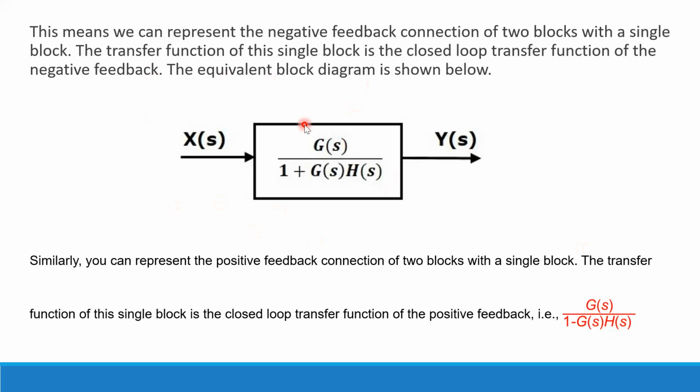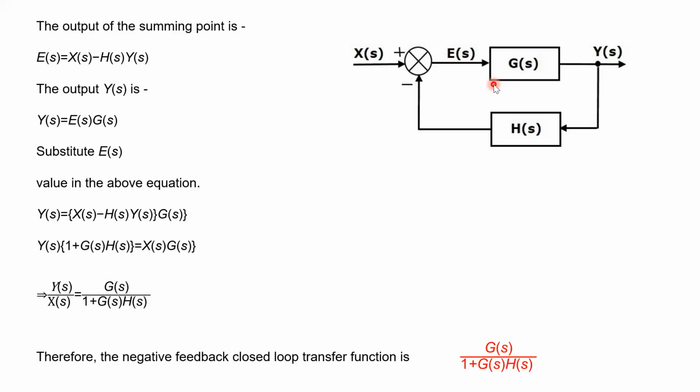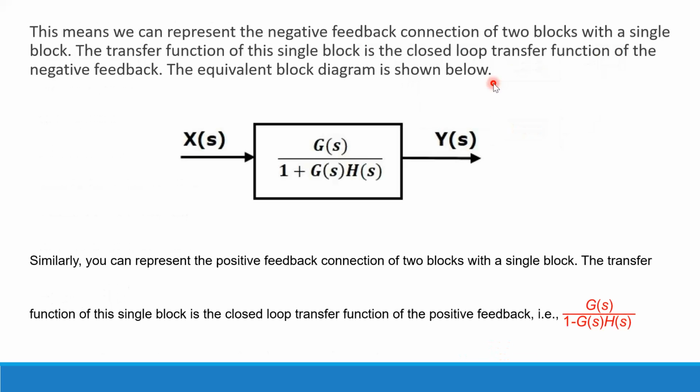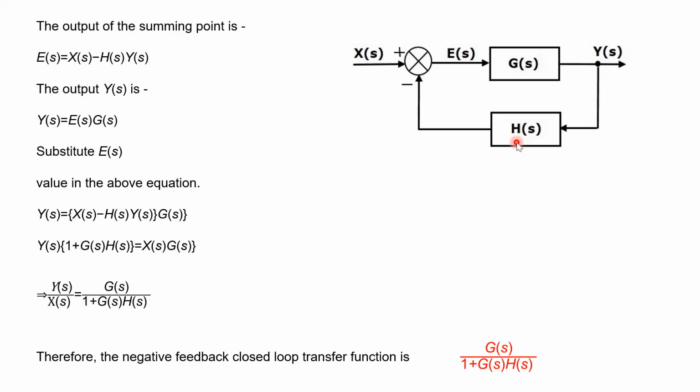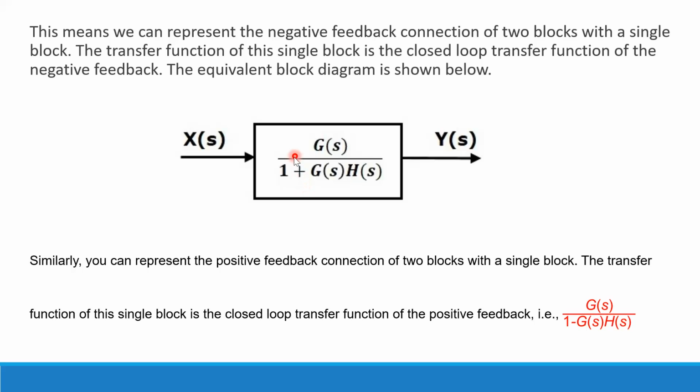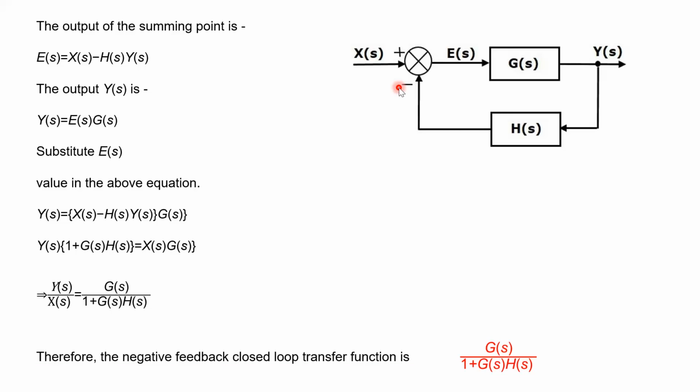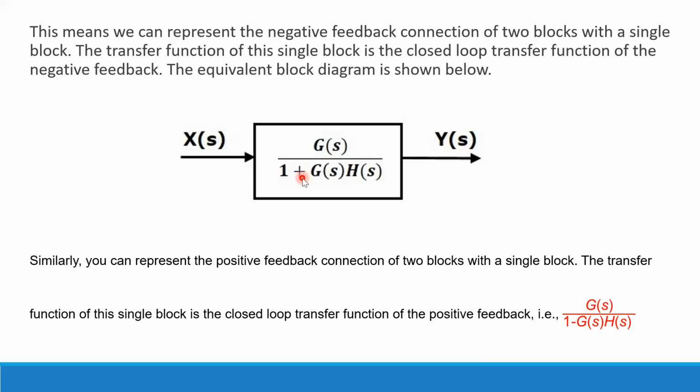Now this whole diagram can be reduced to a single block by using this transfer function, g of s divided by 1 plus g of s into h of s, where g of s is the gain of the original block and h of s is the gain of your feedback element. If it is a negative feedback, then a plus sign will be here. If it is a positive feedback, a minus sign will be here.